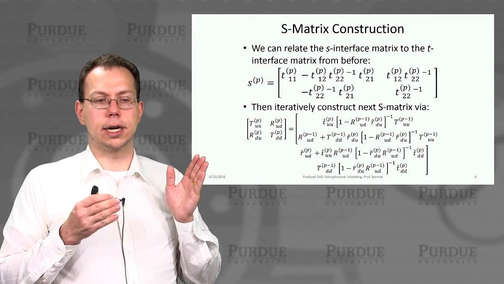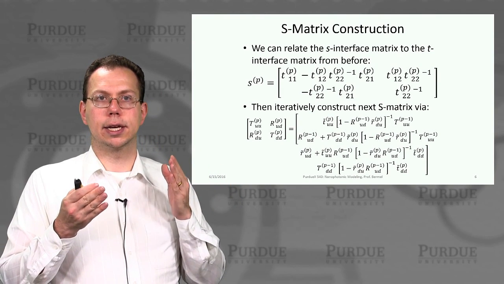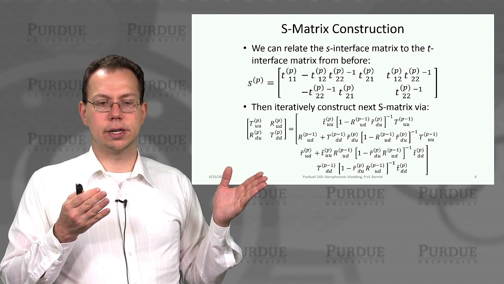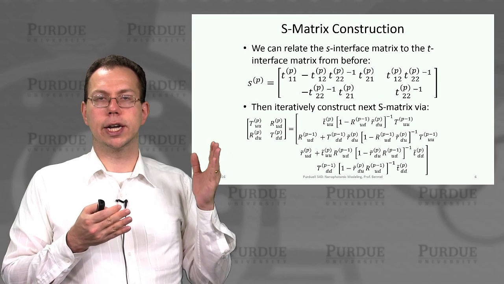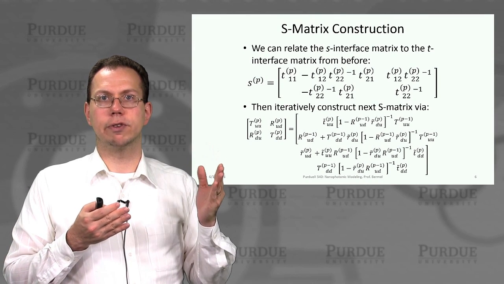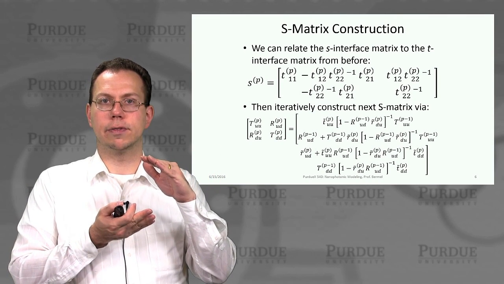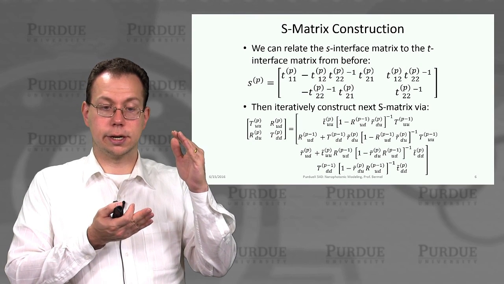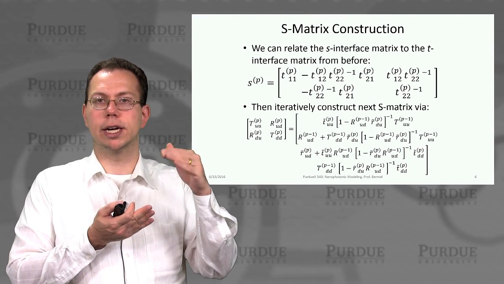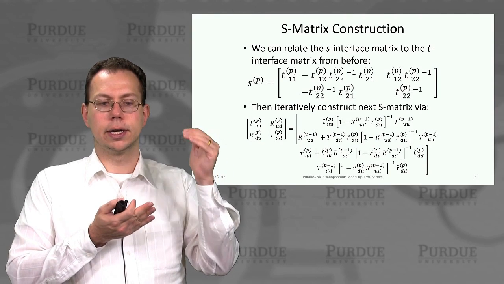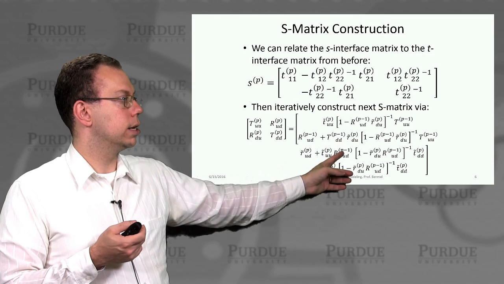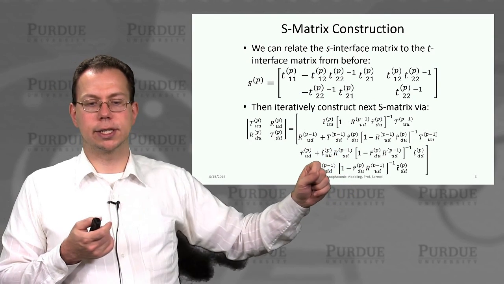And then combining these two things, the SP, which we just calculated, plus the phase factor, allows us to create iteratively, if we have P minus 1 layers of the S matrix and we want to add the Pth layer, then we basically get to construct it iteratively, and then we end up with a matrix like this.